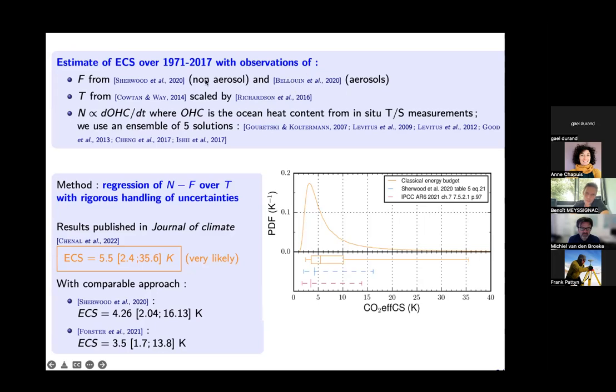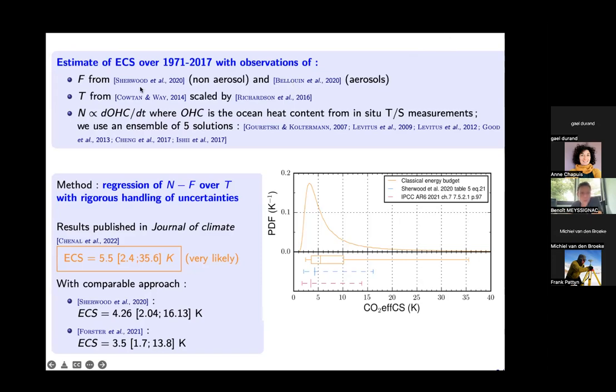Of course the part which is the most uncertain is the aerosols, and we take the last estimate of the aerosol forcing from Bellouin and colleagues, proposed in 2020. We don't use the one which uses the consistency of the energy budget, because it would be circular reasoning. We just take the constraint we have directly from observations.